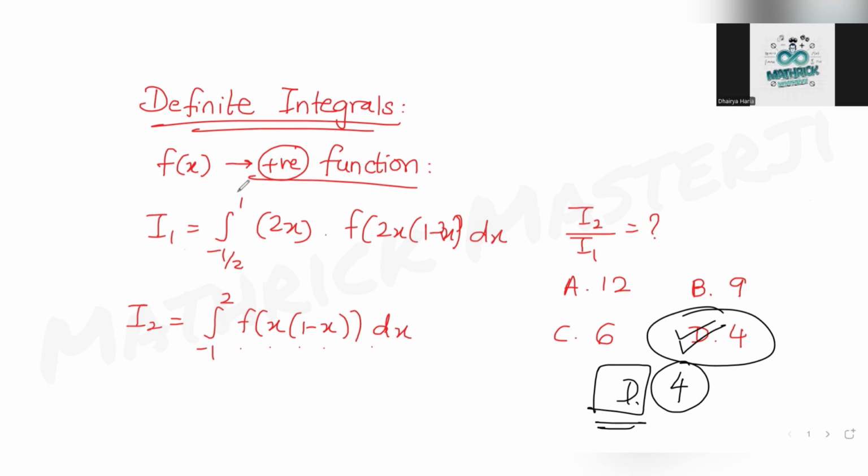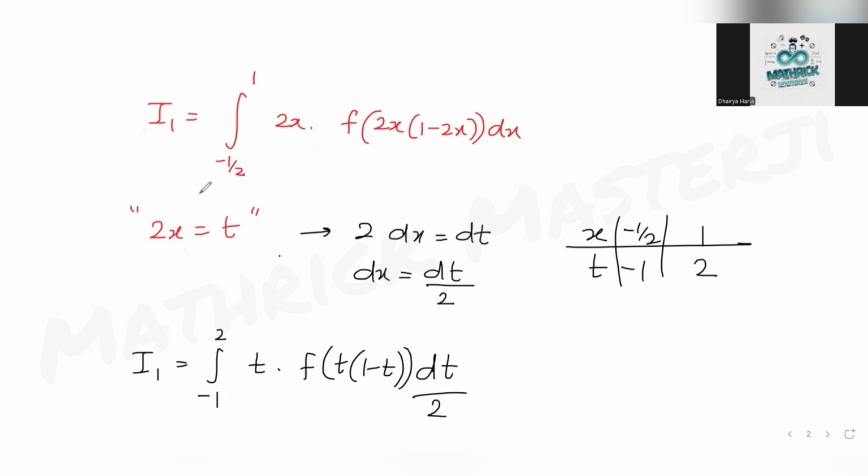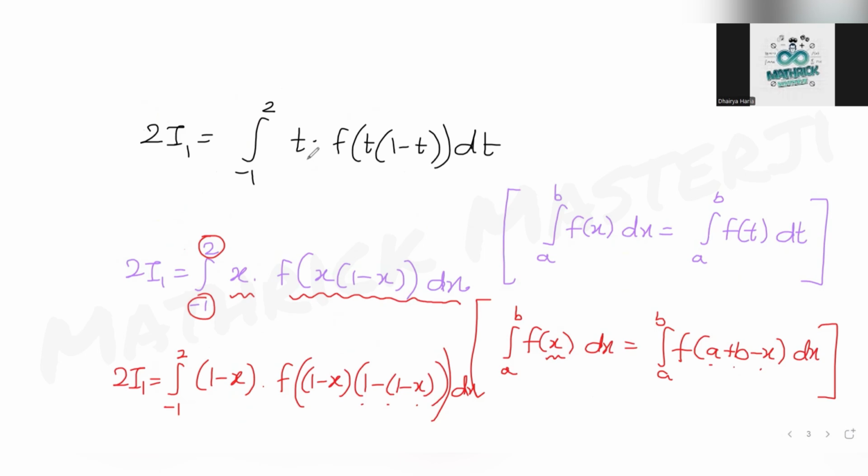So what I did in this entire question to get the ratio of the two integrals was take I1, put 2x as t, and get the whole I1 in terms of t by changing the limits from x to t. Then I replaced t with x directly using the property of definite integrals.